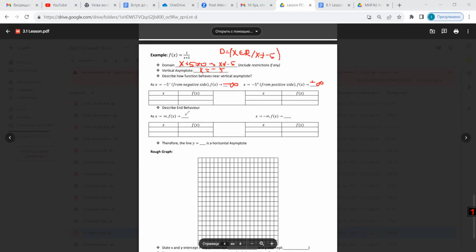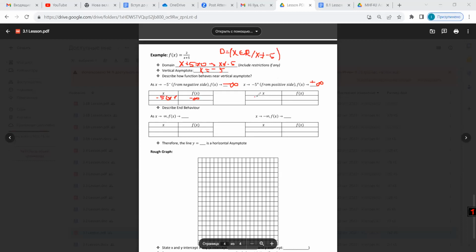Now, we have to describe the end behavior. Yeah, so here, for example, let's fill out this table. Here we take x from the negative side, we take it -5.001, f of x goes to negative infinity.